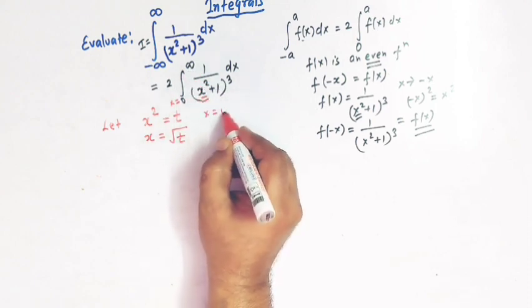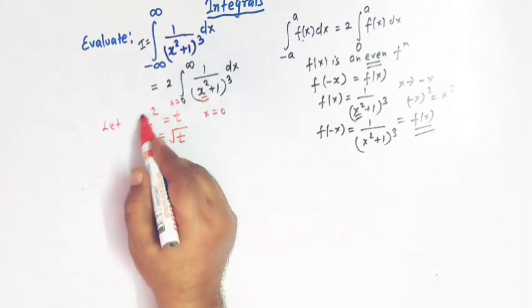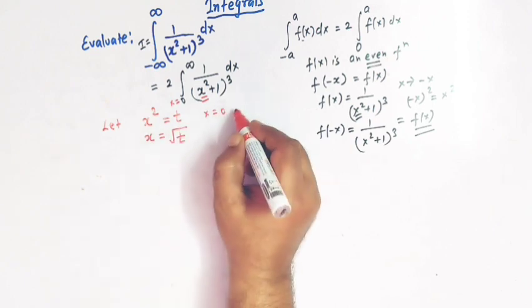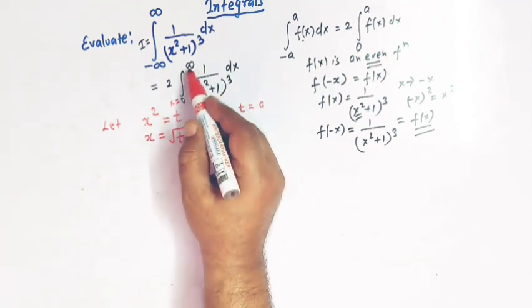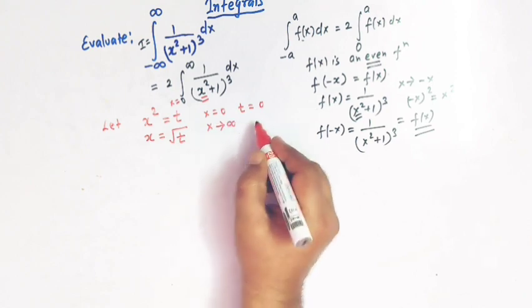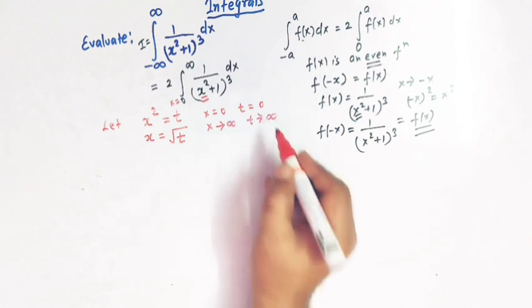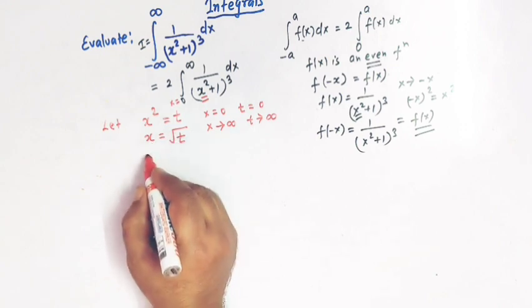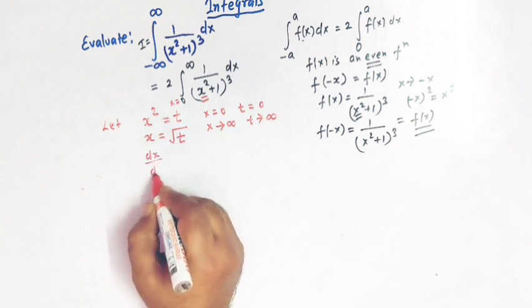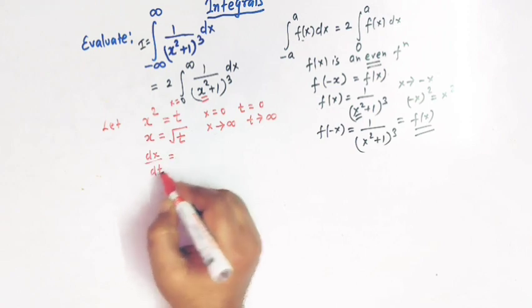So when x is 0, the value of t can be obtained from this relation, so we have t is equal to 0, and when x tends to infinity, then t also tends to infinity. Now x is equal to square root of t, so differentiating x with respect to t, we have dx over dt.